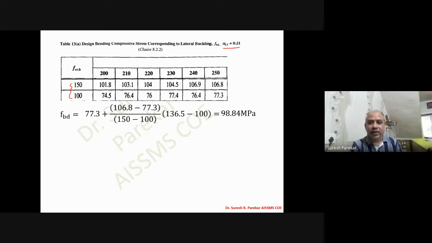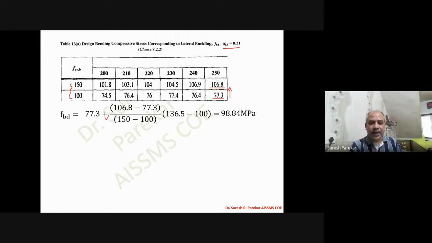Because we have to calculate this for 250, we have considered these two values: one is 106.8 and another is 77.3. Now I am calculating from 100 to 150, so the value is increasing, so I have to use plus.